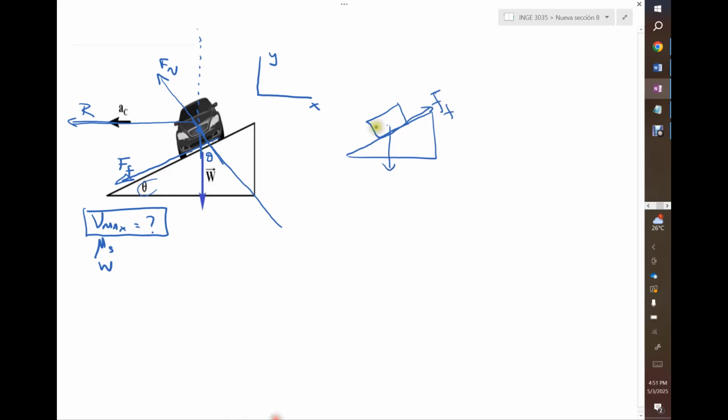But then what you really want is to break the other force, like the weight coming down at the angle theta, so you stay within X and Y following the angle theta shown here.